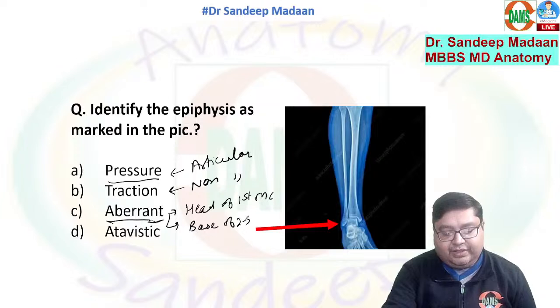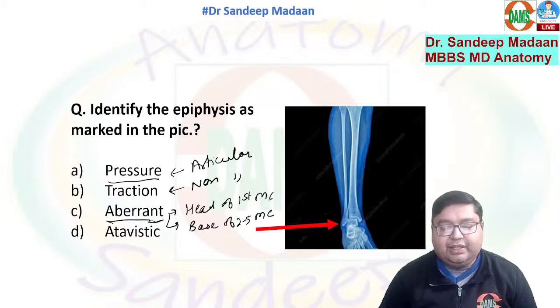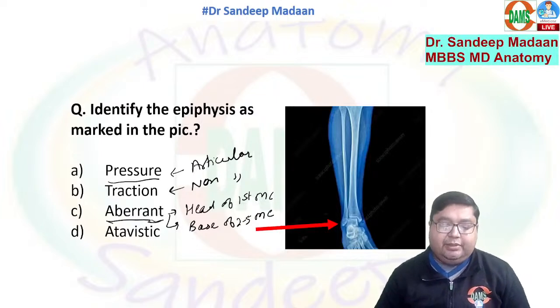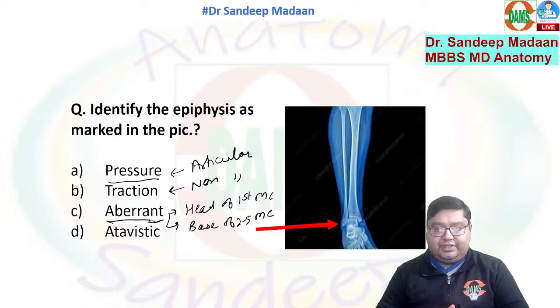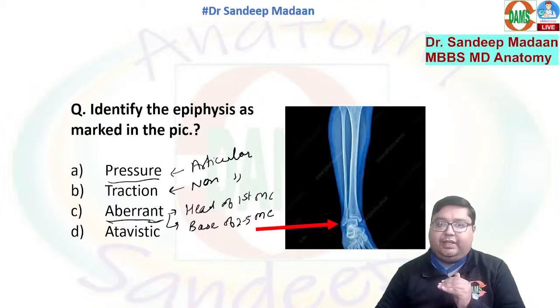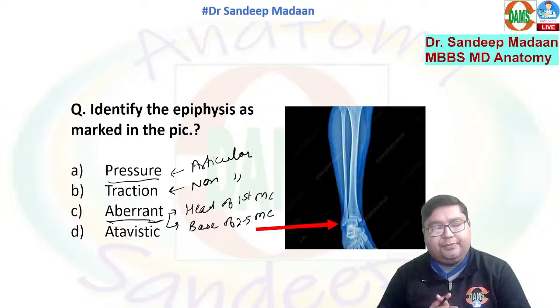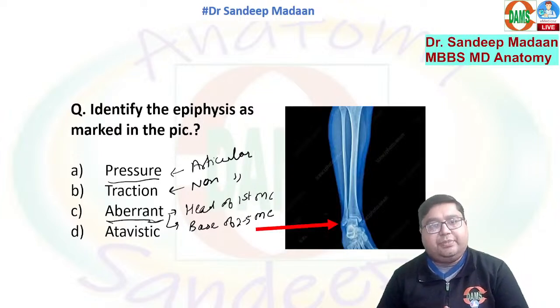In normal circumstances, base of the first metacarpal is present and head of other metacarpal is present. But if by chance head is also present, additionally, base will be present always, but additionally head of the first metacarpal is also present as epiphysis, it will be aberrant.